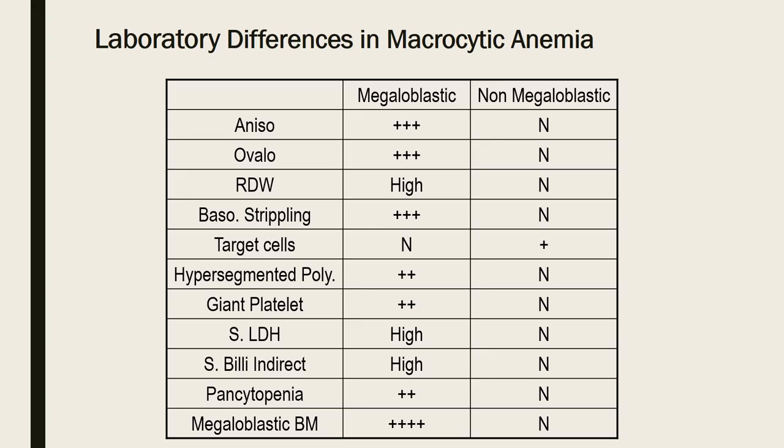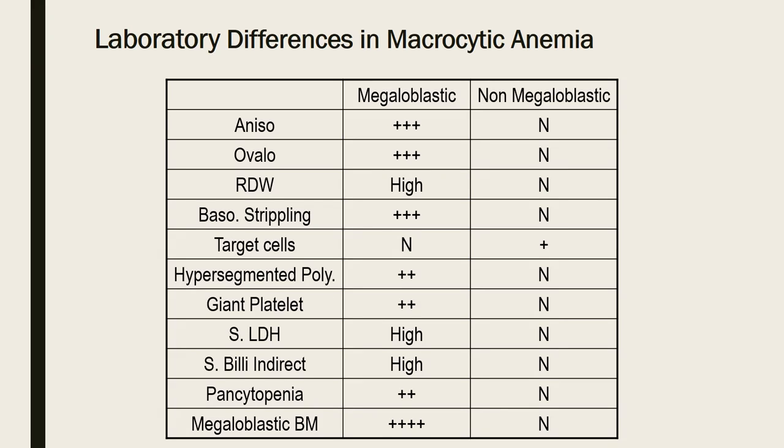If basophilic stippling is there, then again it is in favor of megaloblastic. Target cell will not be in megaloblastic, while it will be present in some non-megaloblastic causes. If hypersegmented neutrophils are present, it is characteristic of megaloblastic. If giant platelets are present, then again it is characteristic of megaloblastic.